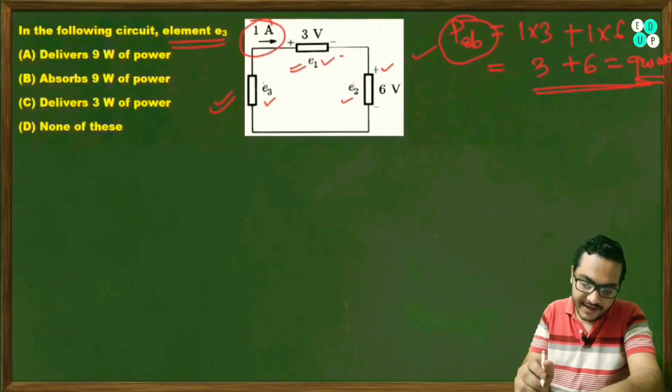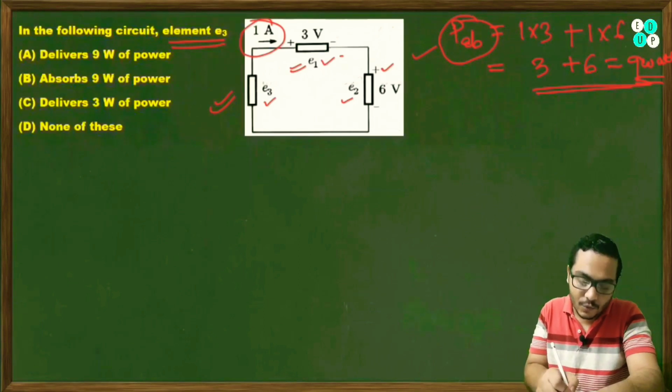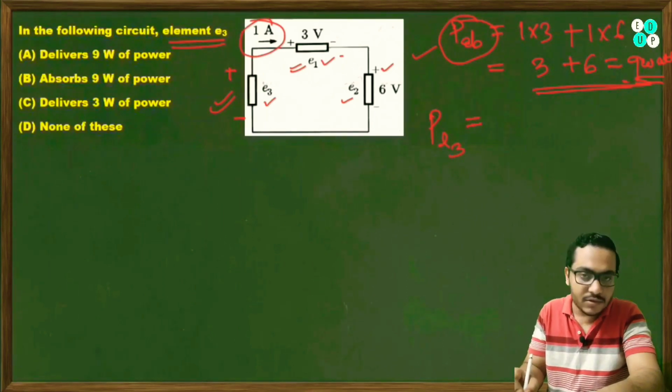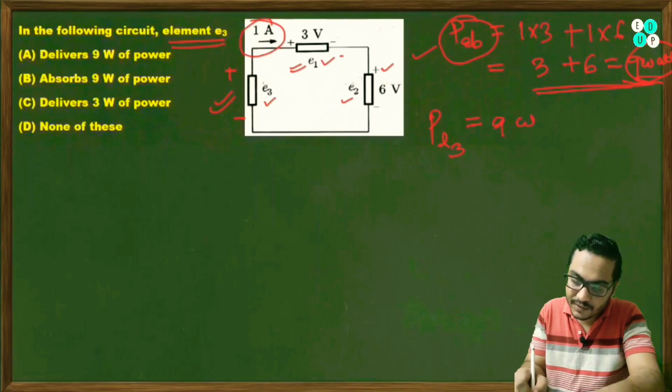So the polarity of this element will be like this: one end positive and the other negative, meaning E3 will be a voltage source. The power must be delivered by this source, and the power delivered will be equal to this amount in order to satisfy the conservation of power, so this will be equal to 9 watt.